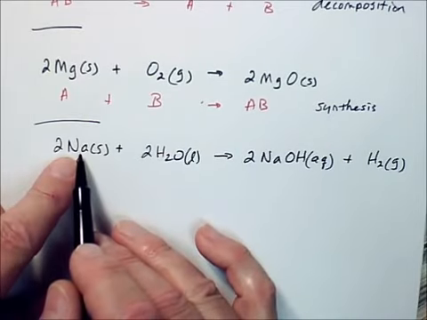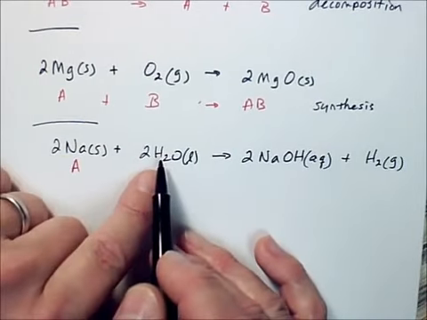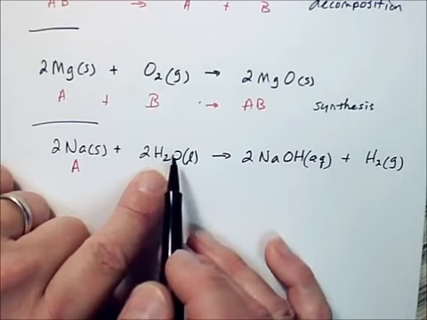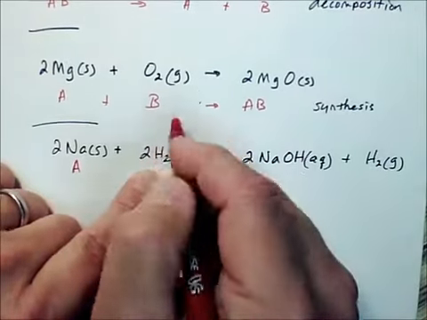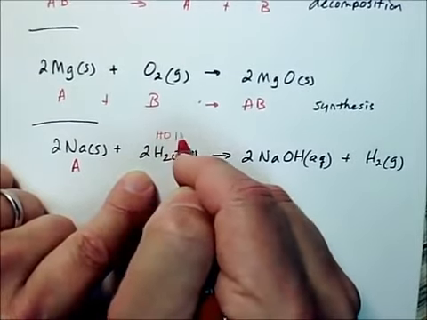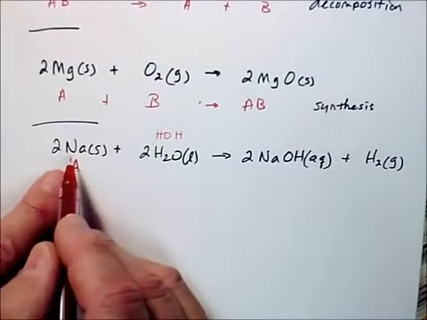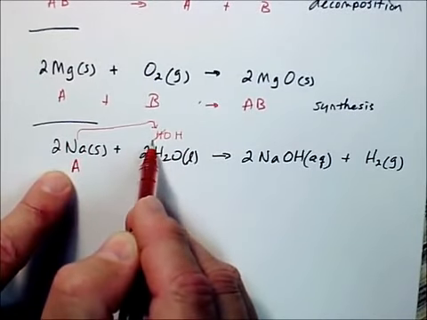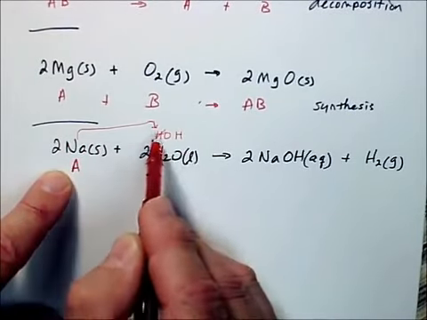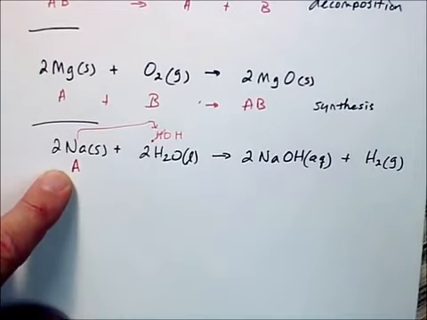Well, the Na is going to replace one of those hydrogens. This can be thought of as HOH. So that Na goes over and kicks out H, leaving the Na with the OH.